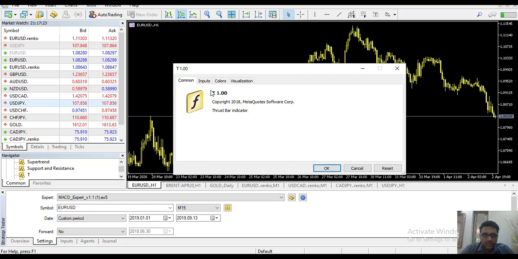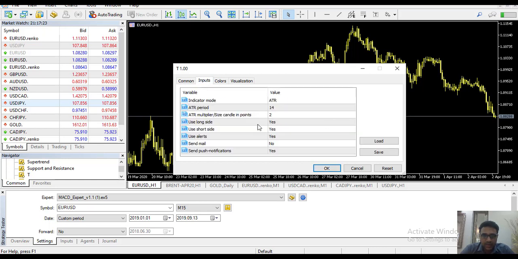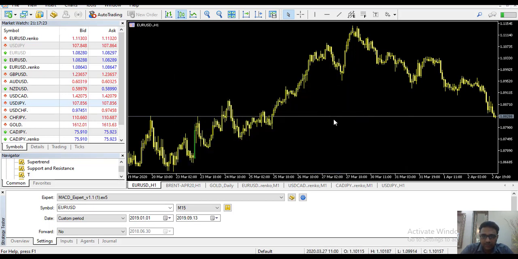What you do is you put this indicator on and search the mode. Right now we have either ATR or points, so we will use ATR and use 14 periods. Any candle that is 2 times above the last 14 average candle sizes, this indicator will indicate to us, right?